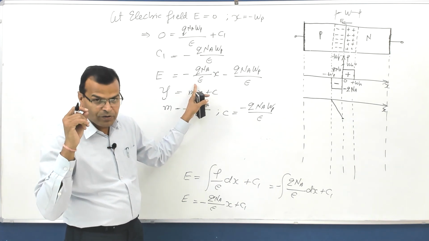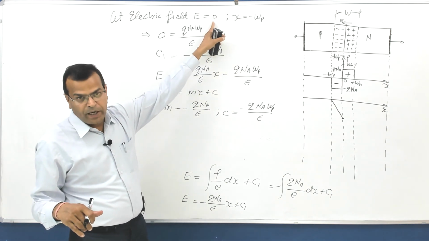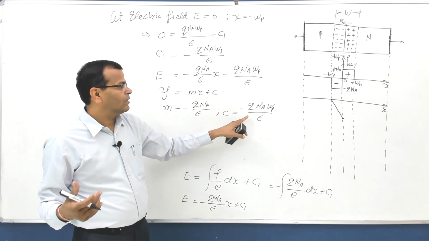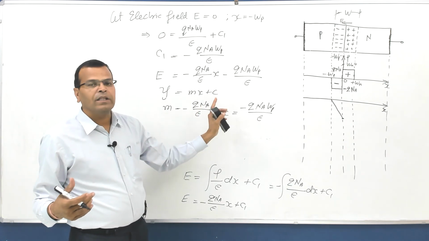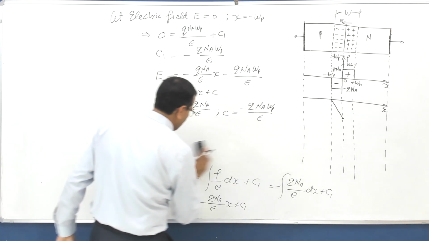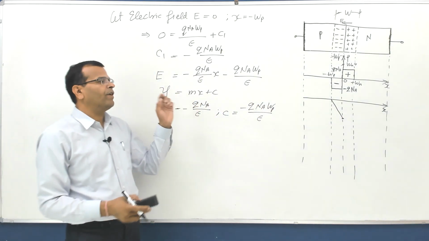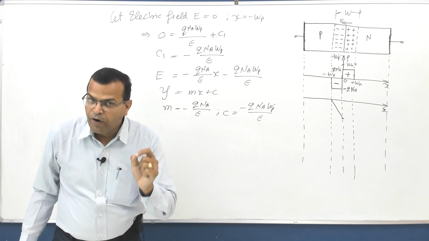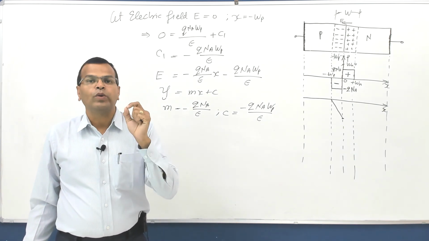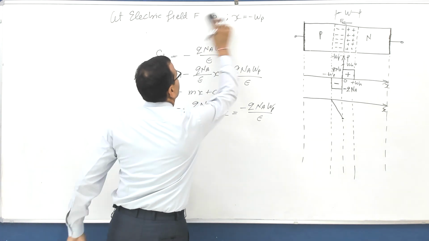So that is a straight line starting from x equal to minus Wp, because E is 0 at this point, going up to C, the intercept with the y axis. The slope of the line is this. So this is the variation of electric field from x equal to minus Wp to x equal to 0.